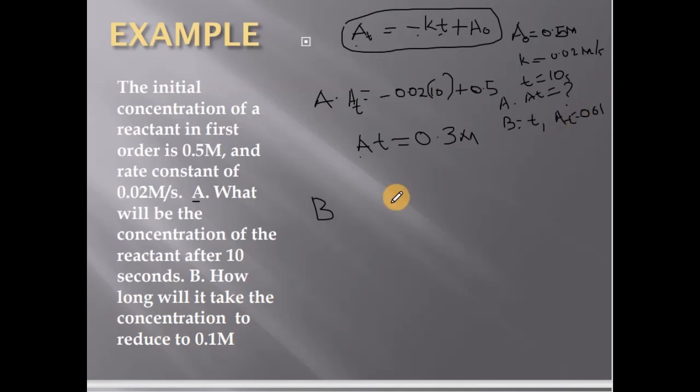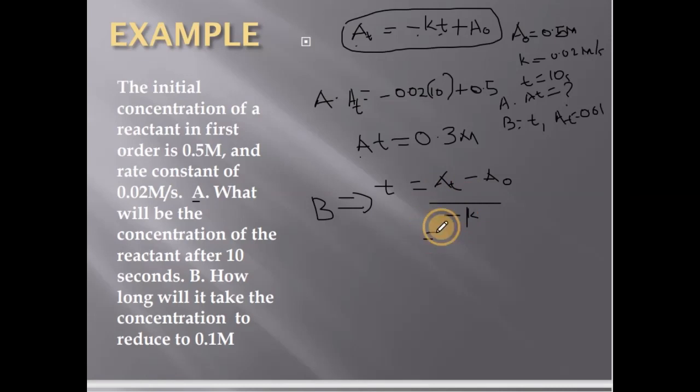So to find the time for the B, from this equation, t can be made the subject as A_t minus A naught over minus k. So you want a time. Let's put the values in there.